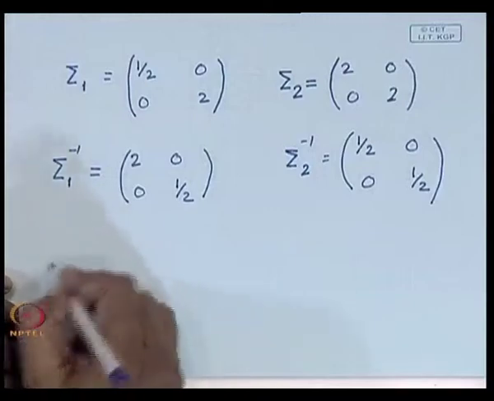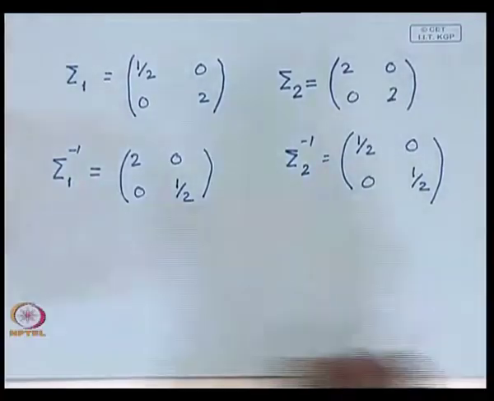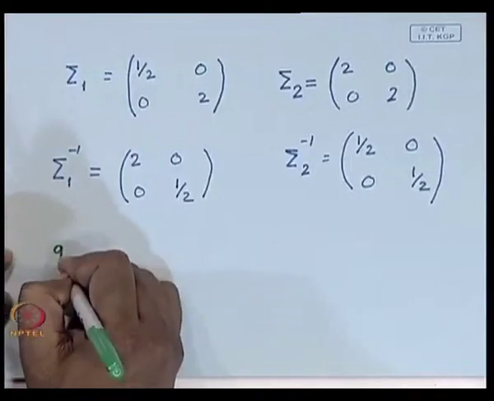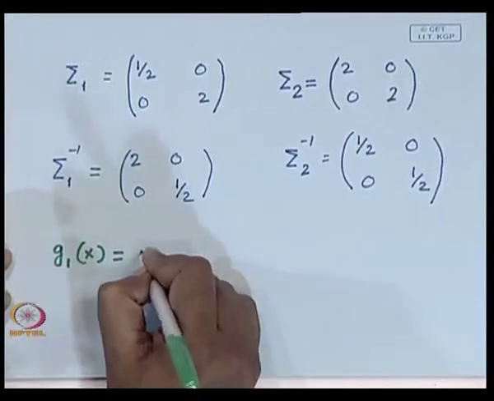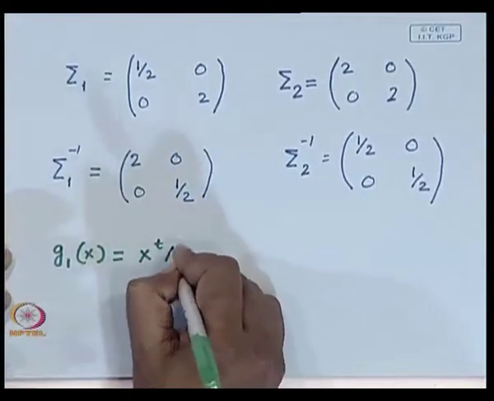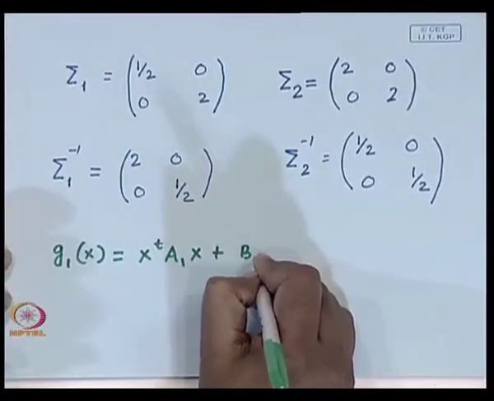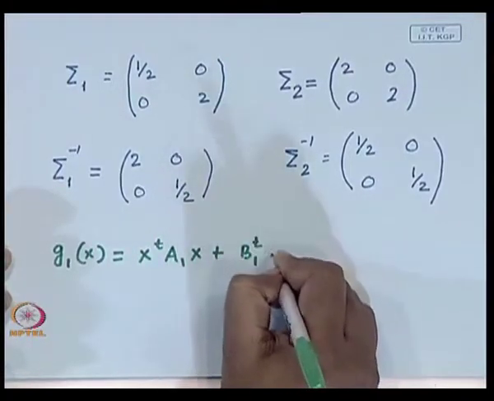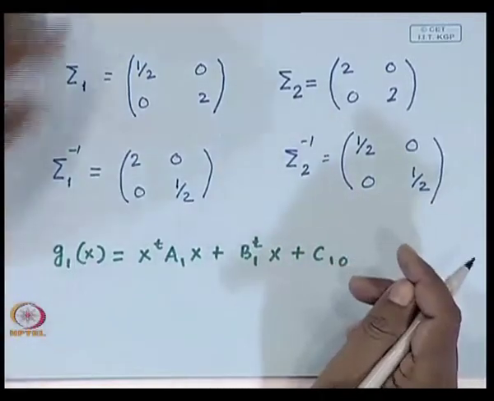Now, once I get this, I find out G 1 x, which is of the form x transpose A 1 x plus B 1 transpose x plus C 1 0.